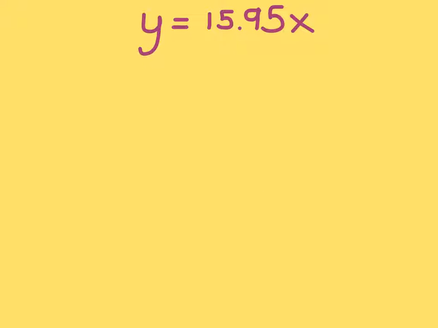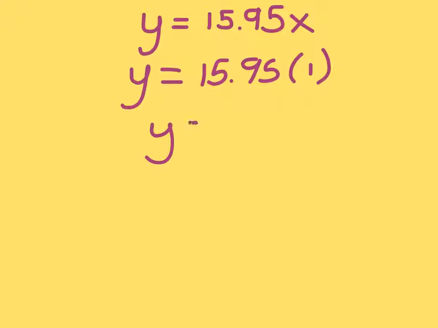Now let's see how much we have to spend in y if we buy 1 ticket. Well, 15.95 times 1, the total cost, remember in y, is going to be $15.95. And we keep on going.